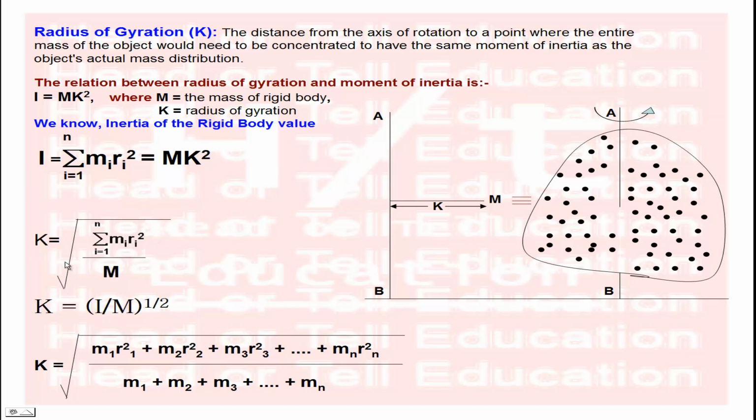So k equals the square root of the summation of i equals 1 to n of mi ri square divided by m. So k equals the square root of I by m. So k equals the square root of m1 r1 square plus m2 r2 square plus m3 r3 square and so on to mn rn square, divided by m1 plus m2 plus m3 and so on to mn. So this is the radius of gyration.